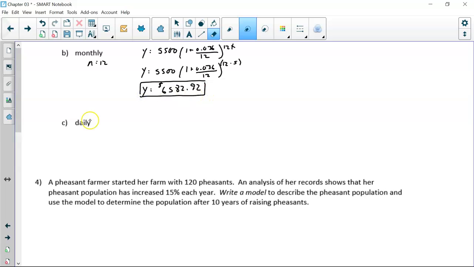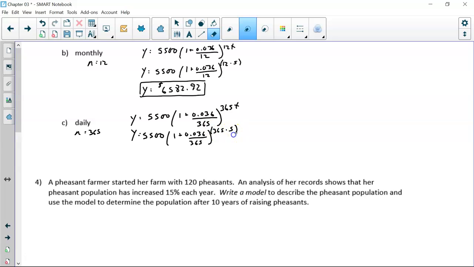And then finally, daily, that's when n is 365. So y equals 5,500 times 1 plus 0.036 divided by 365 raised to the 365t. 5,500, 1 plus 0.036 divided by 365, 365 times 5.